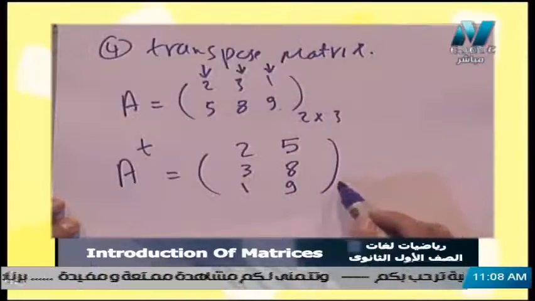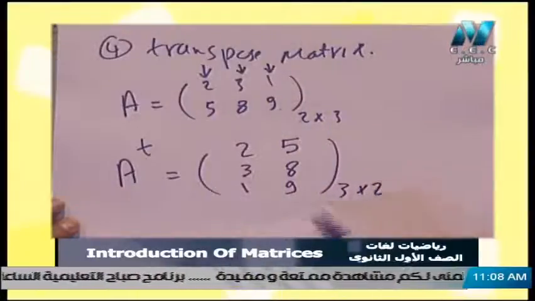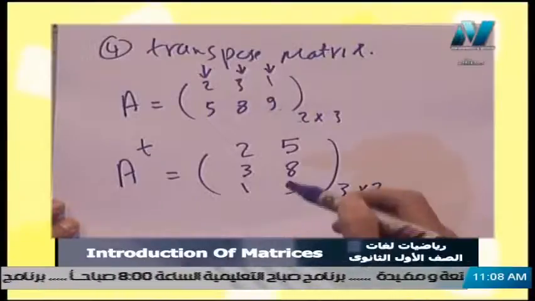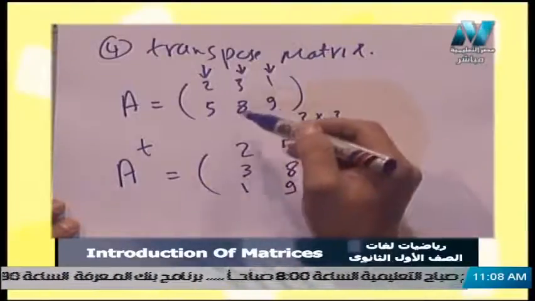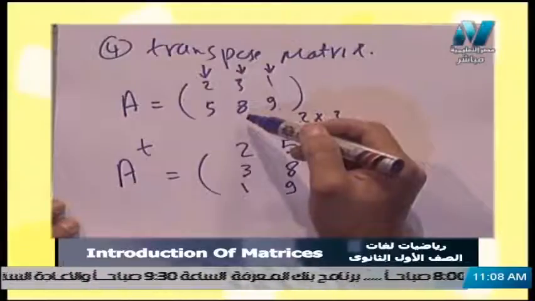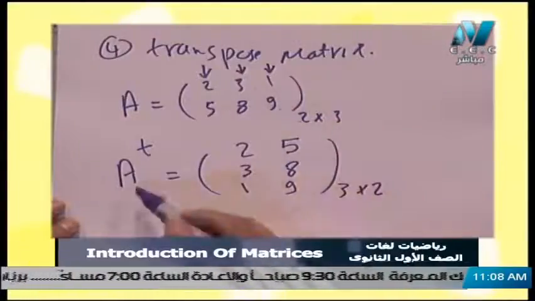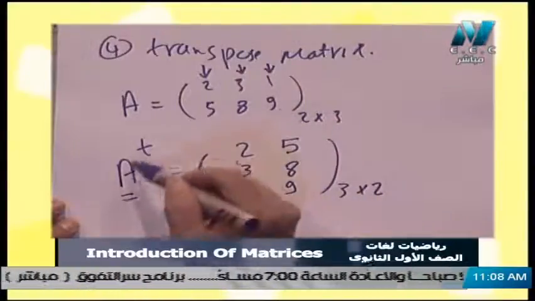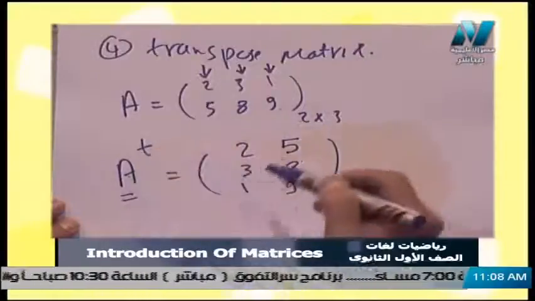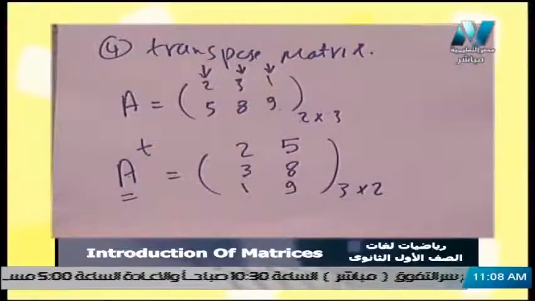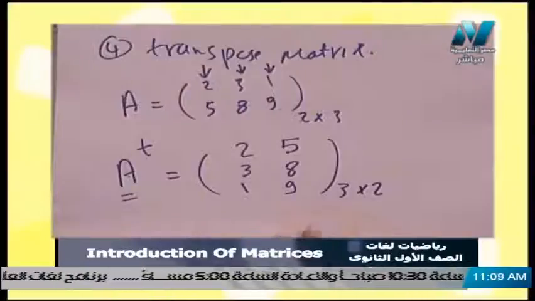So it is the transpose of this matrix A, and we will symbolize it by A^T. A^T means A transpose.